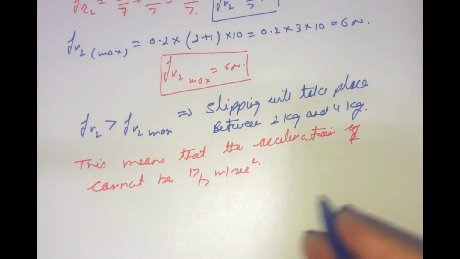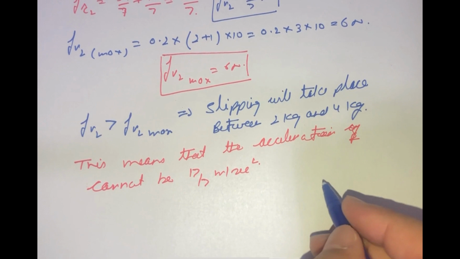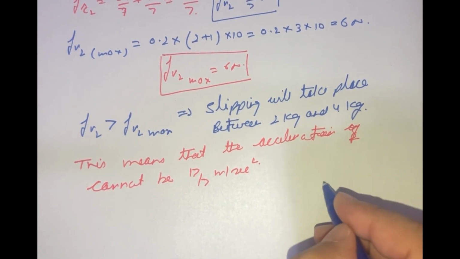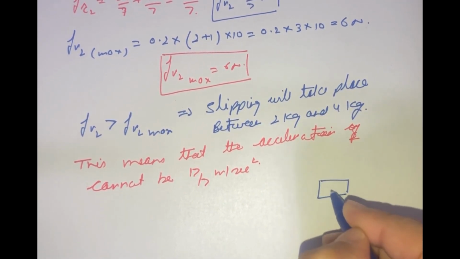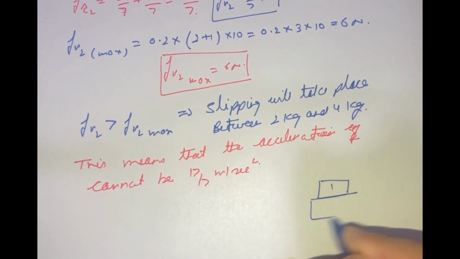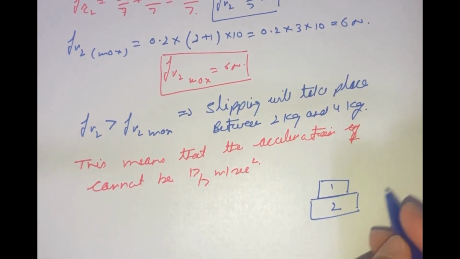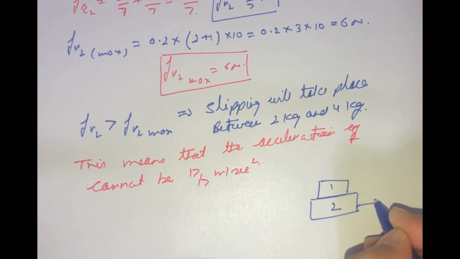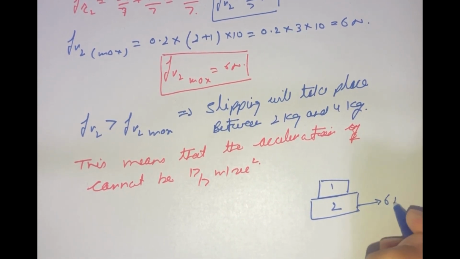So therefore, once again we solve it, and we find that this is 1 kg and this is 2 kg. So the force now acting will be 6 Newton.